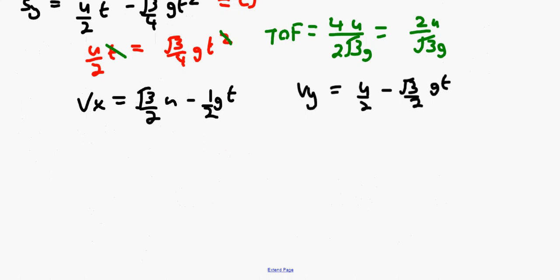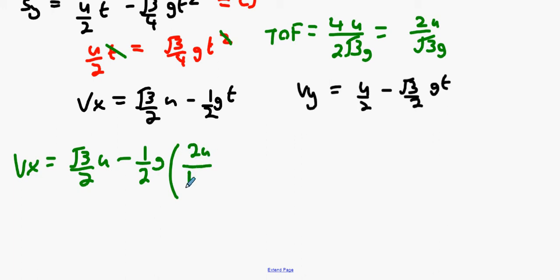So Vx is going to be root 3 over 2 U minus a half GT, with T as 2U over root 3 G. Okay, the G's cancel, the 2 cancels that. I'm going to get root 3 over 2 U take away U over root 3.